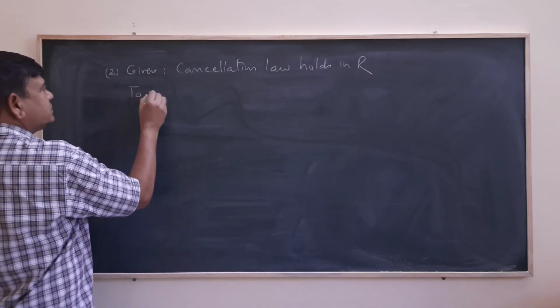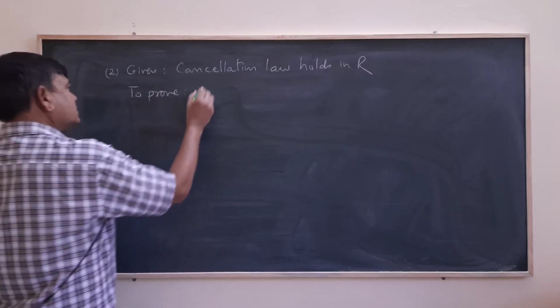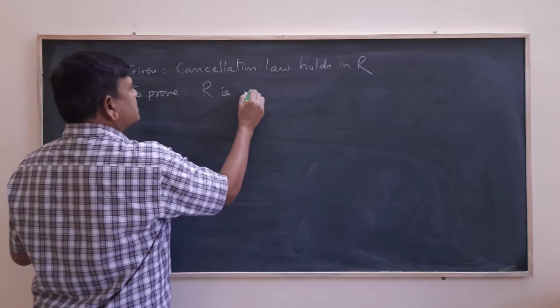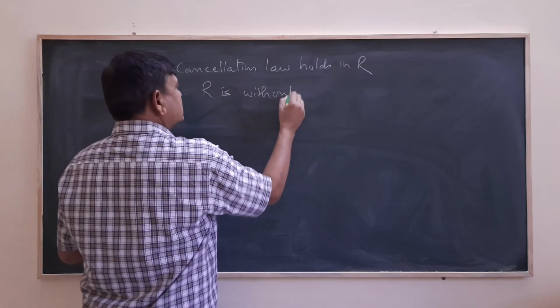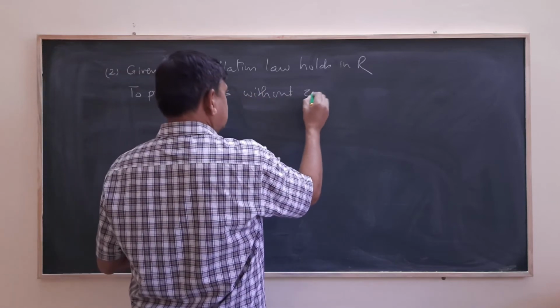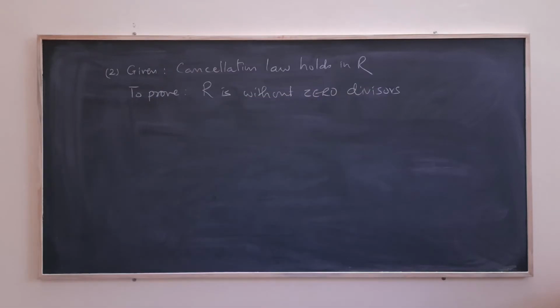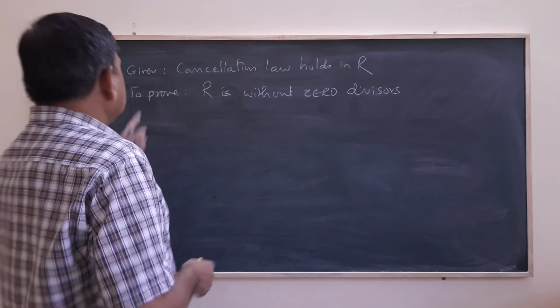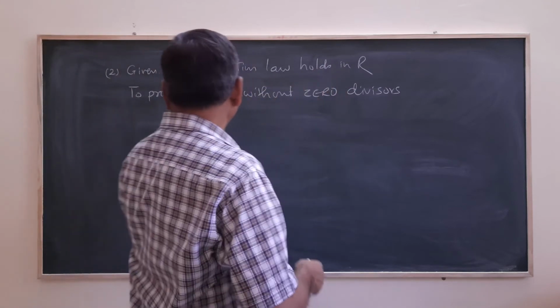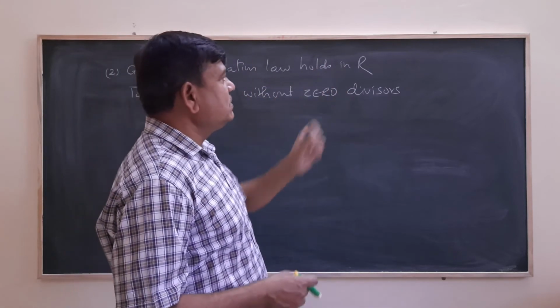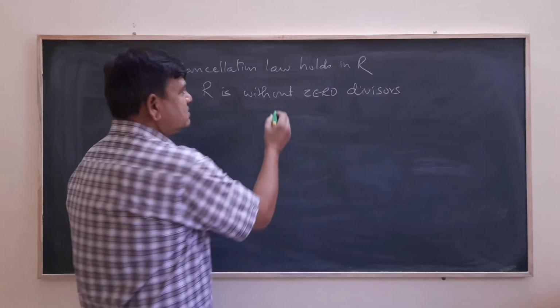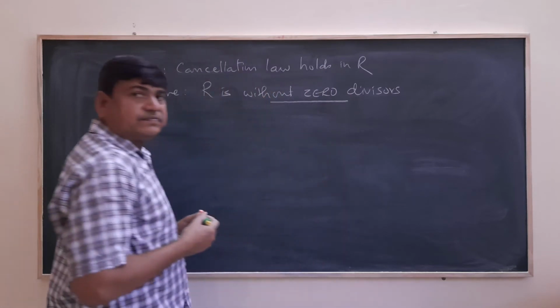To prove: R is without zero divisors. So cancellation law holds in R, to prove R is without zero divisors.